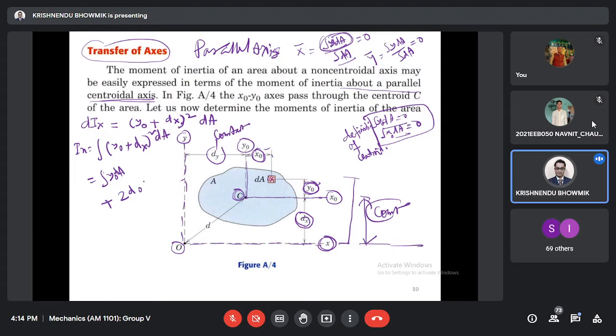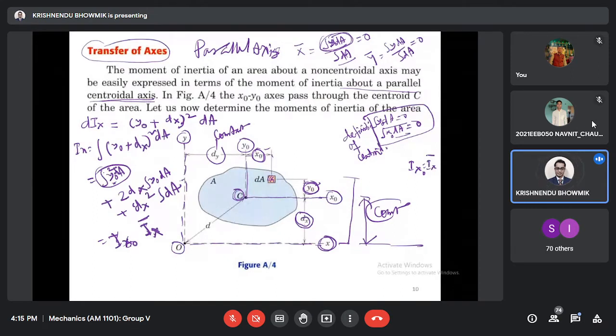Plus dx square integration dA. I missed the square here, okay, but already we know this first term is nothing but Ix0, or somebody can write it as Ix bar. Ix bar is based on the centroid. Either you can write Ix0 or Ix bar.